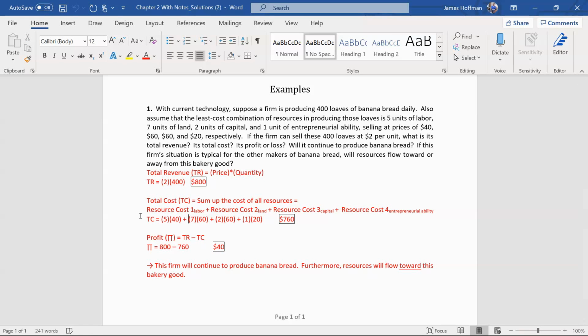Okay, for land, we need 7 units, and each unit costs 60, so 7 times 60 for the total cost of land. Okay, then for capital, we need 2 units of capital at a price of 60. And for entrepreneurial ability, we need 1 unit at a price of 20. Okay, so if you add up all these costs together, then the total cost this business has to pay should come out to $760.